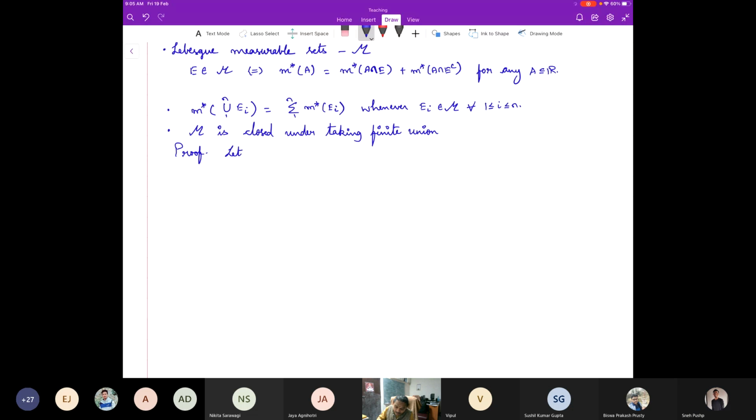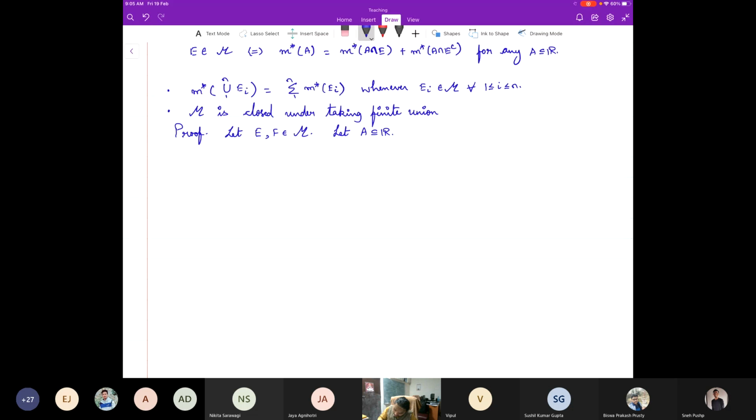So let E and F belong to M. We have to show that E union F belongs to M. So let A be a subset of R. First, note that A intersection with E union F, I can write E union F as E union (E complement intersection with F).